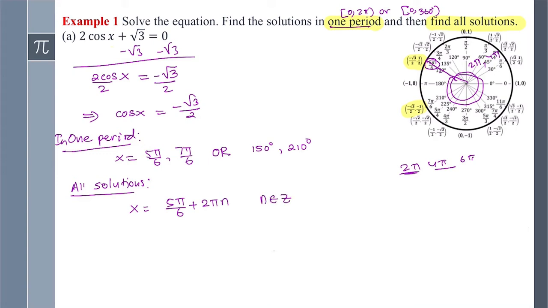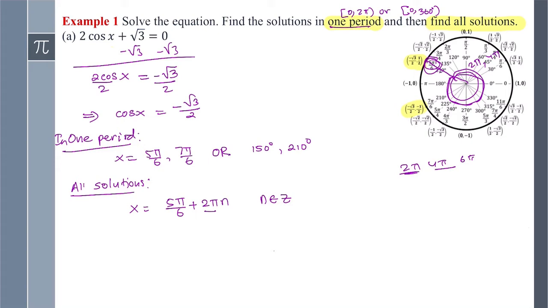For example, if I take n equals 0, I have the first solution, which is 5 pi over 6. If I take n equals 1, then I go around and come back to the same one, that is, I add 2 pi. If I take n equals 2, that is adding 4 pi, which means I go around twice. If n equals 3, that is 6 pi, which means I'm going around 3 times.